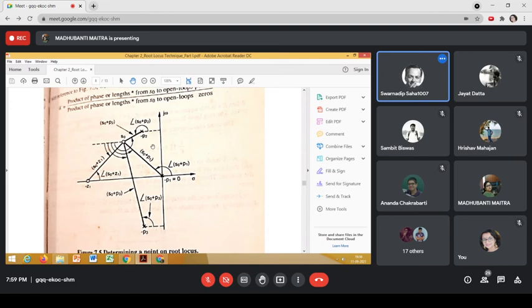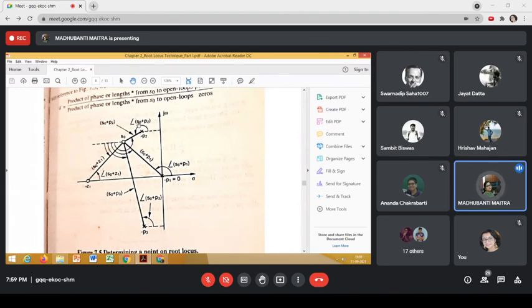If you construct this phasor, S0 will be some sigma 1 plus j omega 1. Sigma 1 value is known, j omega 1 value is known. Similarly, if I consider this open loop pole, the pole is known, so sigma 2 plus j omega 2 is known.